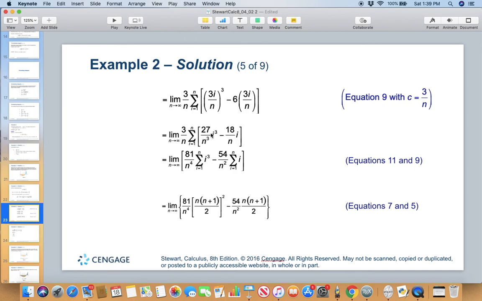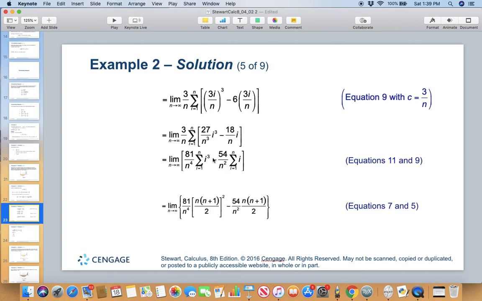Only summation i cubed is inside the summation, because n and 27, don't worry about i. Okay, likewise 3 times 18, n times n, 54 over n squared. Summation applies only to i, because i is the running variable here.